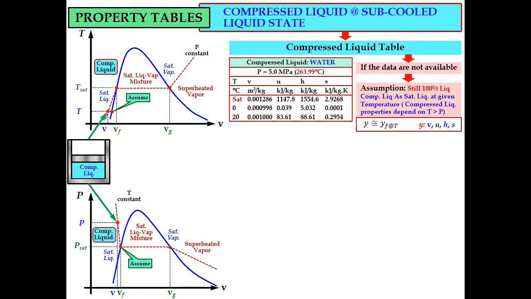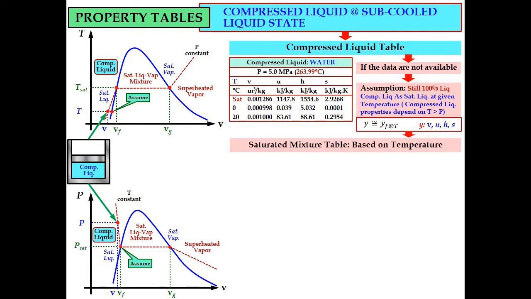So when we make the assumption, the specific properties of the compressed liquid will be assumed as the specific properties at saturated liquid. For example, the value of u for the compressed liquid after we make the assumption will be equal to uf. The specific volume will be vf, the enthalpy will be hf, and the entropy will be sf. So this is for the case where we make the assumption, where the data of the compressed liquid is not available.